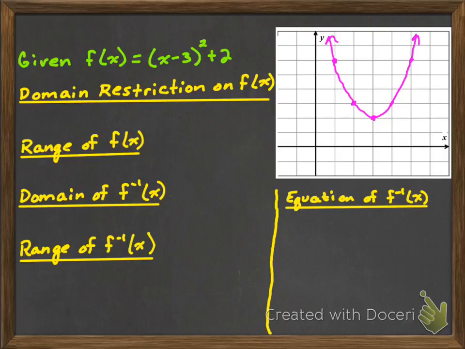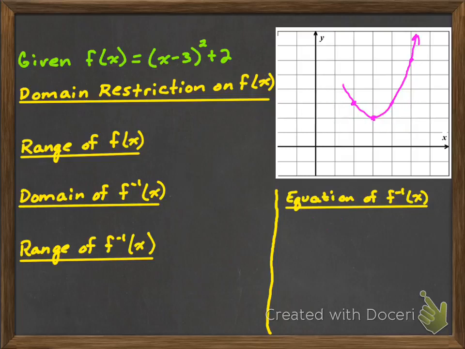So what we have to do with our parabola is restrict the domain. Simply put, that means we need to cut off part of our parabola. Now, if we just take off this much of it, that's not enough because our graph still does not pass the horizontal line test here.